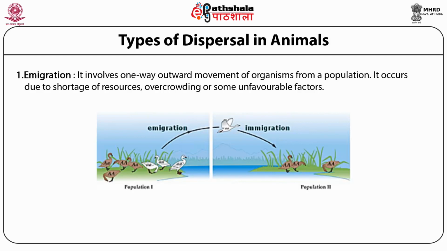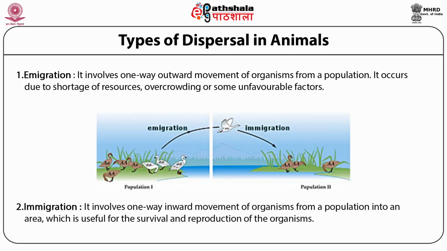Second is immigration. Immigration involves one-way inward movement of organisms from a population into an area which is useful for the survival and reproduction of the organisms.